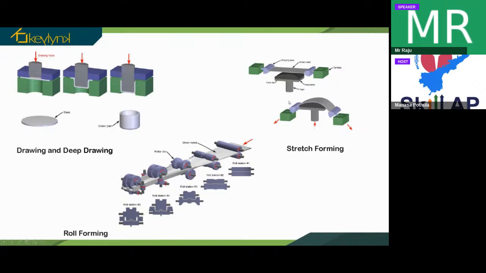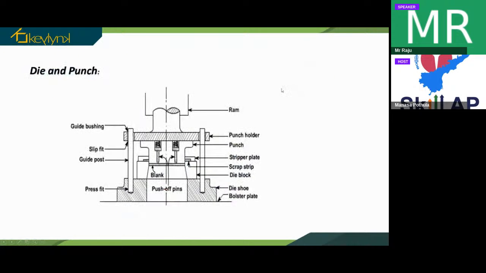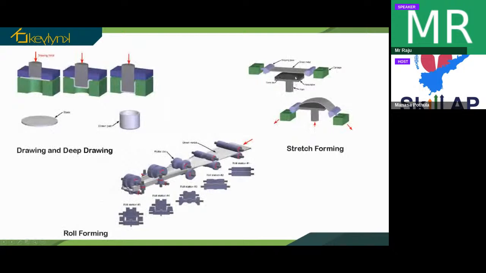And what it does is, this ram will go upside and it will apply pressure on it. Also these side carriages will come and stretch it in the downward motion. So the plunger or the ram moves upwards, and these carriages will move downside. So we'll get a bent structure like this.